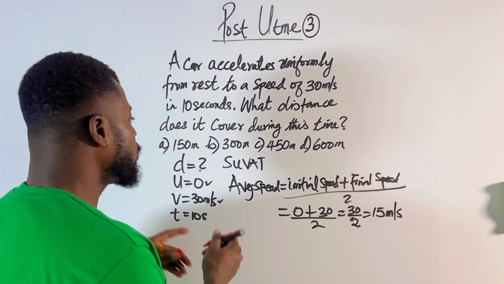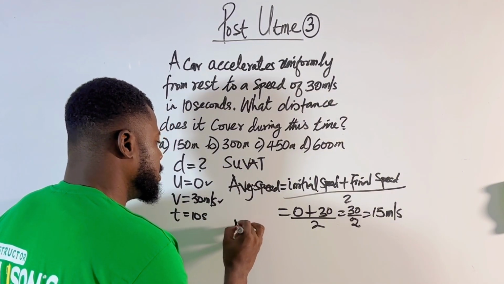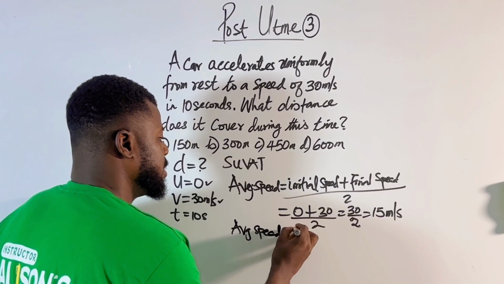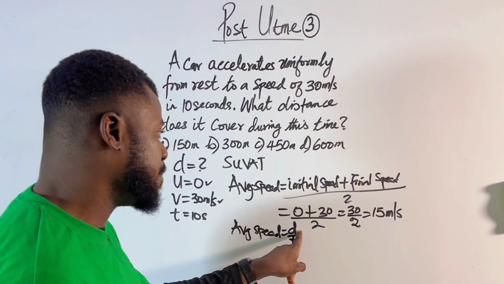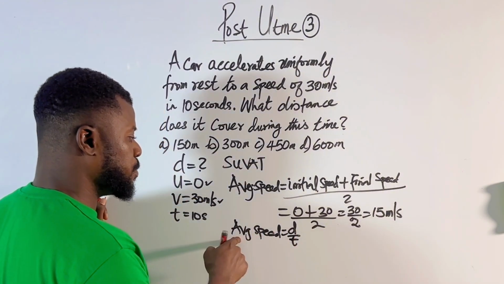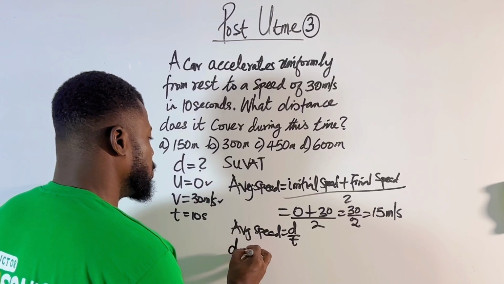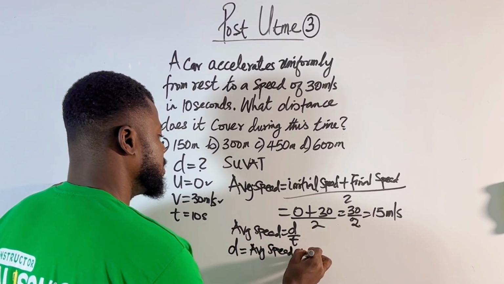Make I show you. You know, say if they define speed, normally average speed na distance divided by time. But then since you find this particular distance will be d, you go cross multiply this one. I dey show you step by step, make you no make mistake. So it means a distance now will be equal to average speed times time.